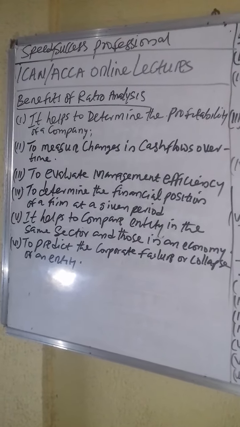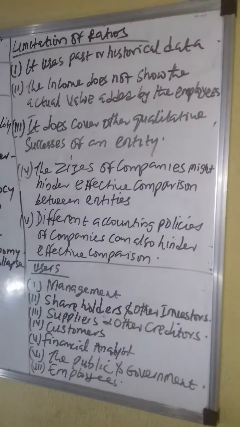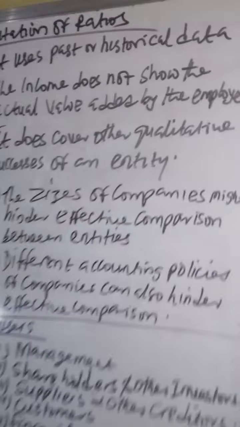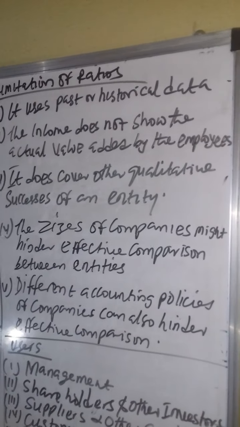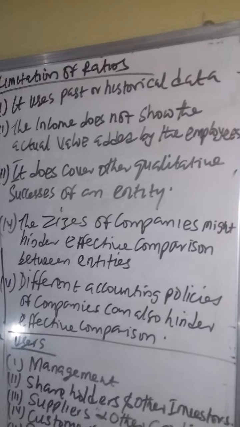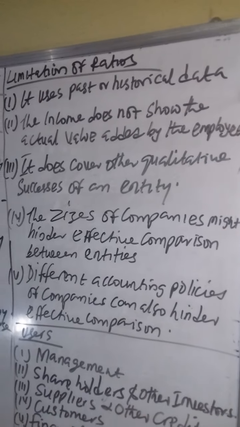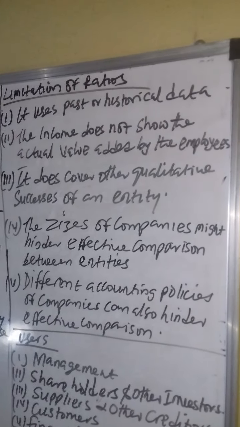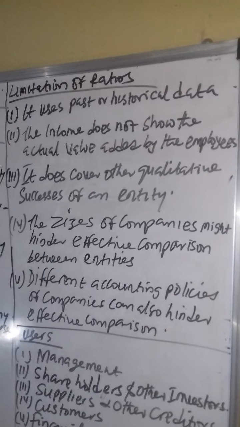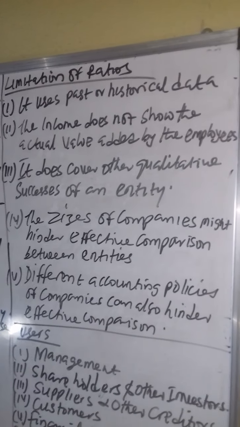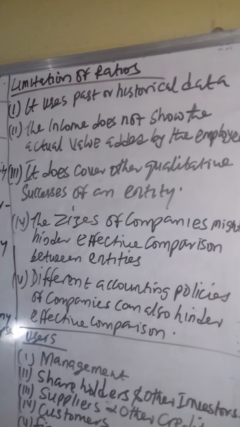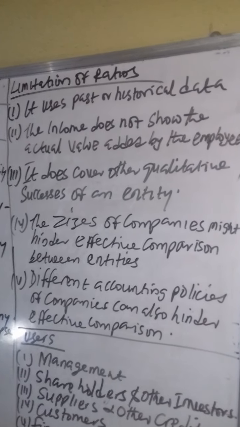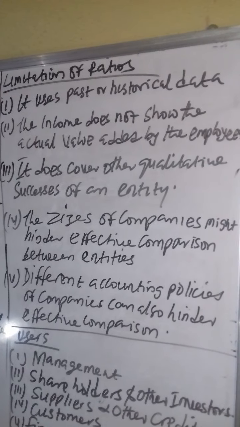Let's continue. Let's look at limitations. As much as we can always find out that there are benefits to anything in life, there are also limitations. One of them is that most of the data that are used for ratio analysis are past data or historical data. That is, they are provided from the last period accounting reports.